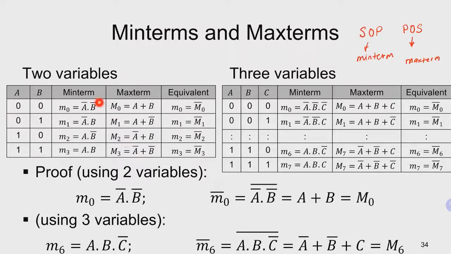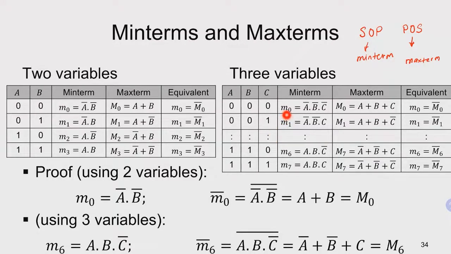Okay, here is just a list of all the minterms for two variables, and here are the maxterms of the two variables, and this is the equivalent. And then for three variables, you can extend this, so they should have 8 different combinations. And then we have M0 to M7. I did not list all of them out. I'm sure you can work that out yourself.